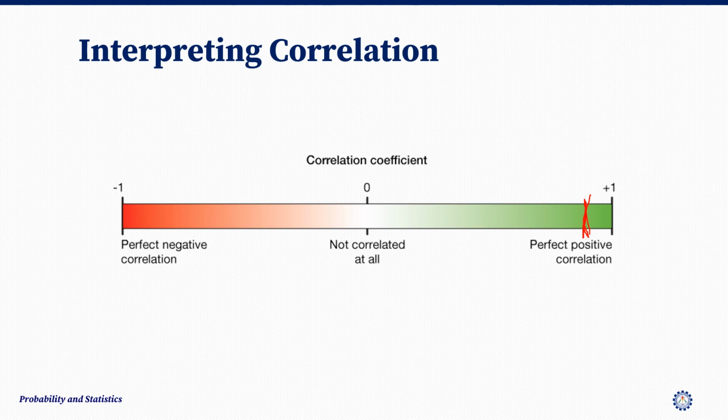If the correlation of x and y is equal to 0, we say that x and y are uncorrelated. If two variables are independent, then their correlation will be 0. However, like with the covariance, it doesn't go the other way. A correlation of 0 does not imply independence. Okay? So that's how you interpret correlation.